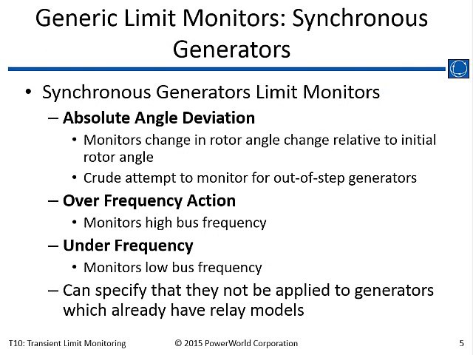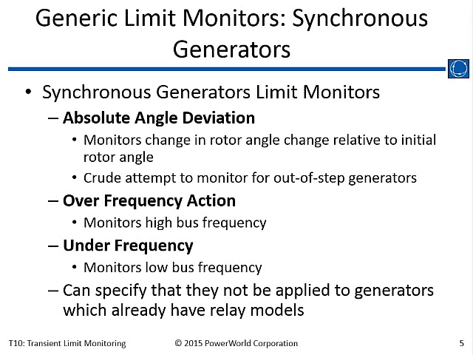So the first thing, the generic limit monitors, these apply to synchronous generators. There are three things that you can monitor with these generic limit monitors. The first is an absolute angle deviation. So it's the change in the rotor angle relative to the initial rotor angle for a particular generator. There's over-frequency and under-frequency monitoring.